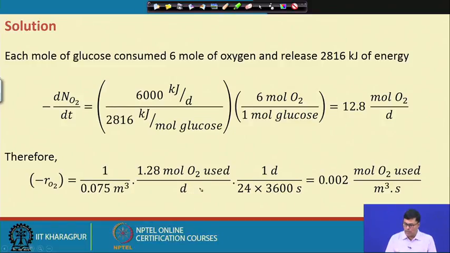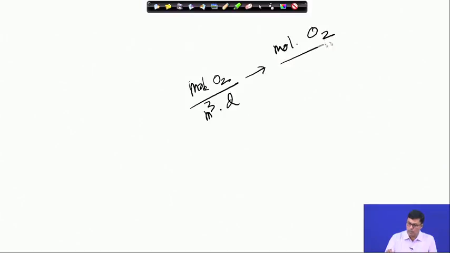Now, the question is how we can convert to per second. Suppose we have the data in moles of oxygen per cubic meter per day. How can we convert it to moles of oxygen per cubic meter per second? We can convert very easily.